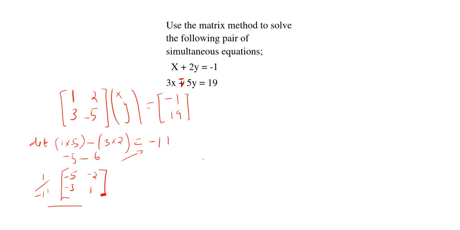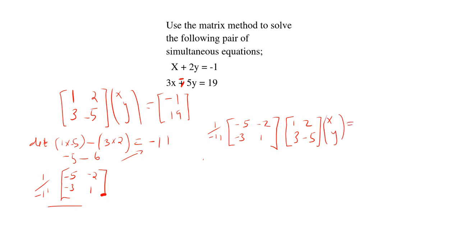So we use this inverse and we multiply both the left hand side and the right hand side. So we have 1 over -11, -5, -3, -2, and 1. We multiply with 1, 2, 3, 5, xy.